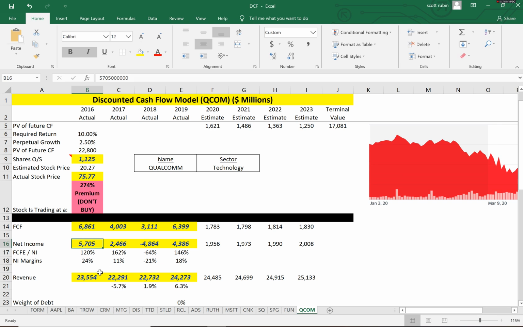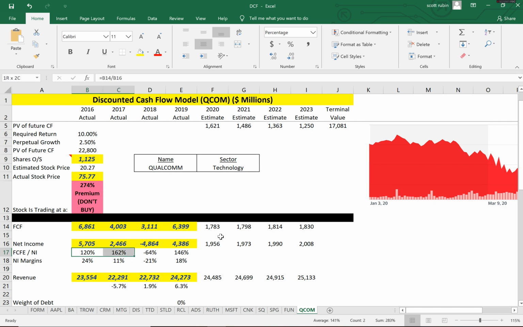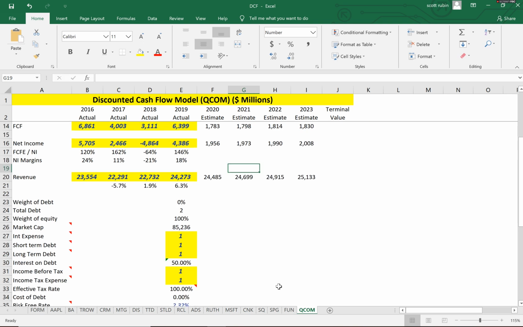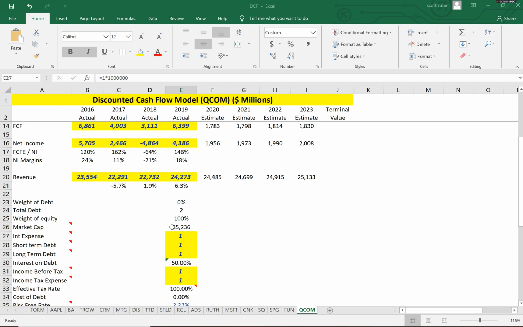That's how much money the company took home in net income. 24%, which is a pretty good number. Looks like that's the best one. And then free cash flow is simply that net income that I calculated times the average free cash flow over net income. And I'm not going to delve into these numbers too much. It could take forever. But once you kind of work with these models enough, it makes a little more sense each time you do it.